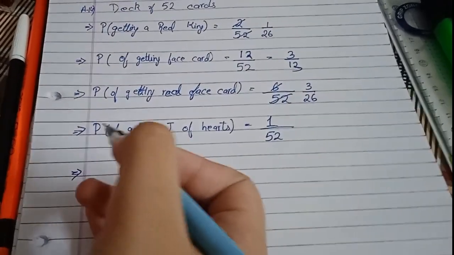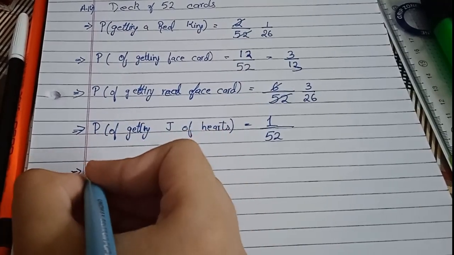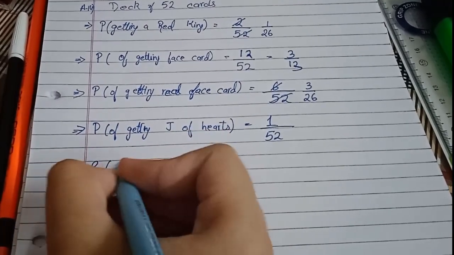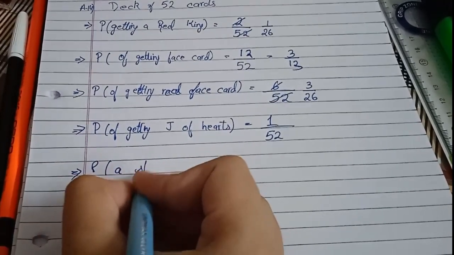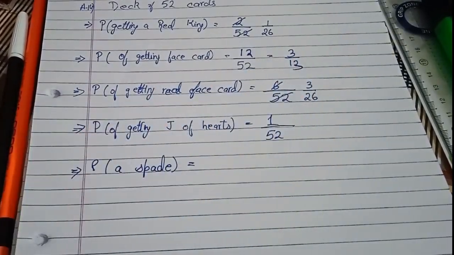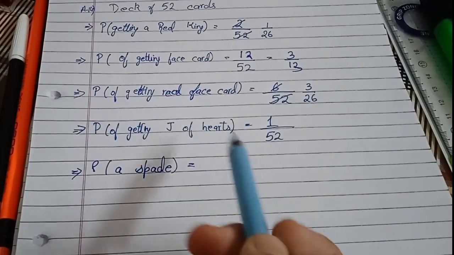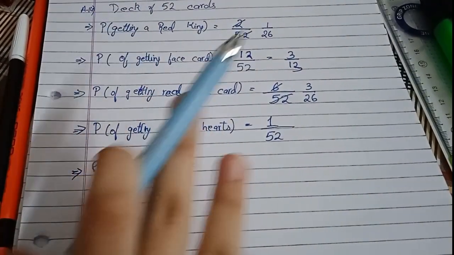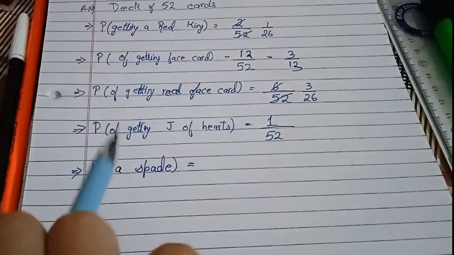Okay. Now probability of getting a spade. The spade is again a type of card. Okay, it doesn't matter. So there are 13 cards in total. It's asking you a single type of card.